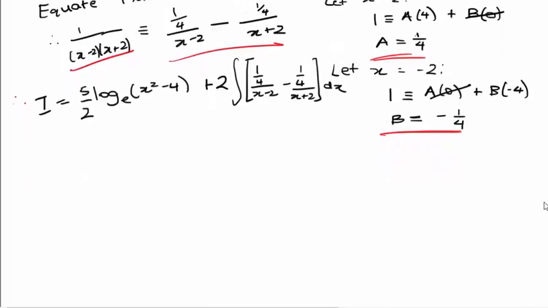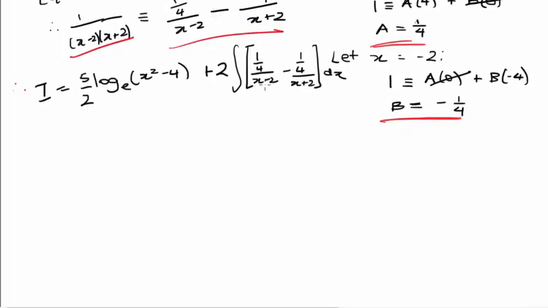So now, just like before, we can split this integral into two separate integrals that are being subtracted from each other. Because the integrand is a difference, we can split it into two separate integrals that are the difference of each other.